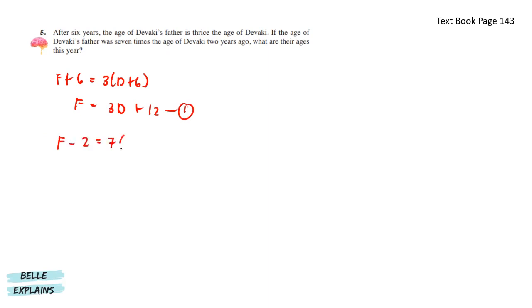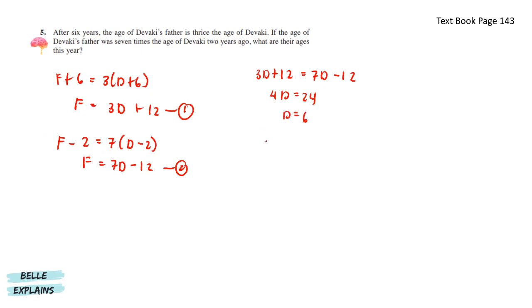If the age of Devaki's father was 7 times the age of Devaki 2 years ago, since it is 2 years ago, let's subtract 2 from both of their ages. Here we have father minus 2 equals 7 times Devaki minus 2. And this will be equation 2. What are their ages this year? Okay, so now that we have 2 equations, let's solve that to find their ages.